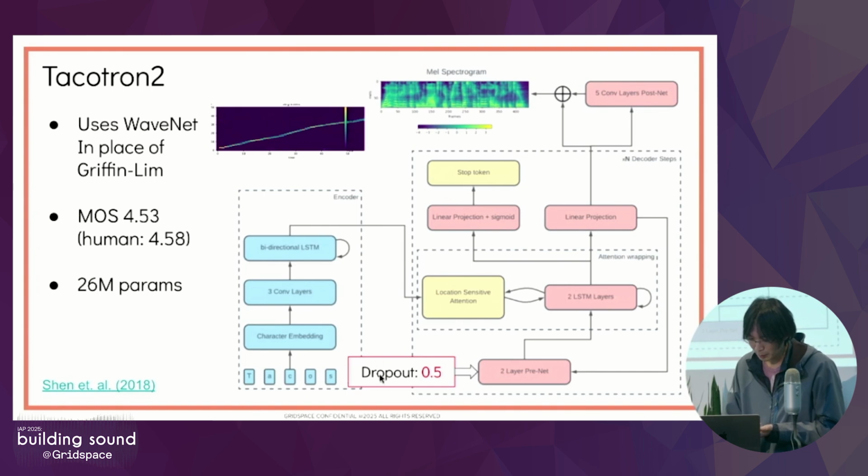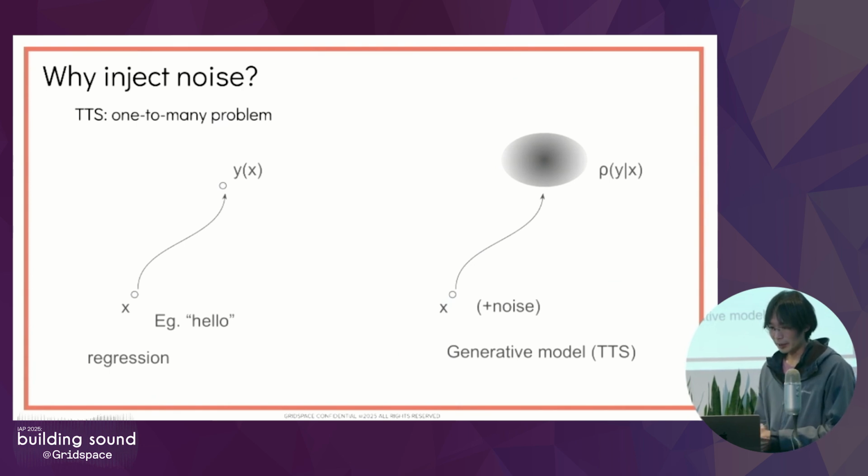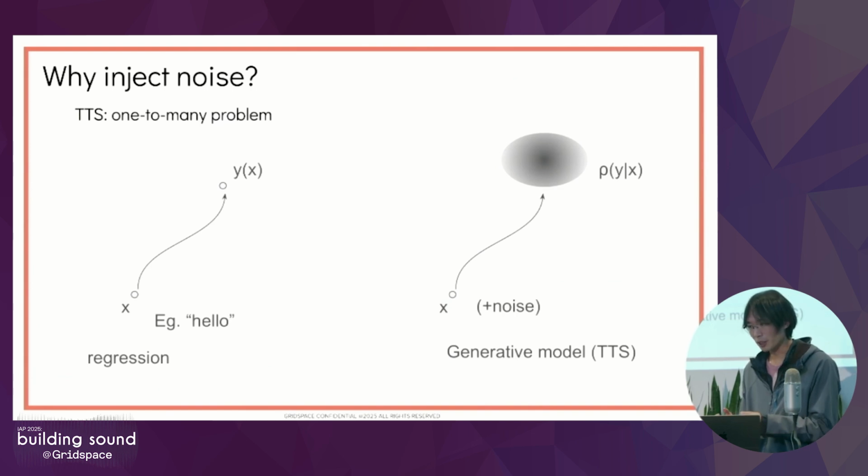So let's get back to this dropout 0.5. In TTS, why do we inject noise in general? Why is noise useful? That's because TTS in general is a one-to-many problem. Given the same text, say hello, there are many ways to pronounce it, like hello, hello, or hello. So you don't want your model to just output one point in the output space, in this case, the MEL spectrogram, if you're given one point in the input, in this case, the text hello. What you really want the model to do is to give you an output distribution.